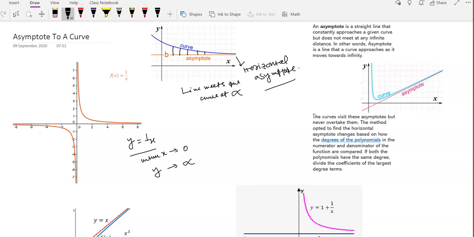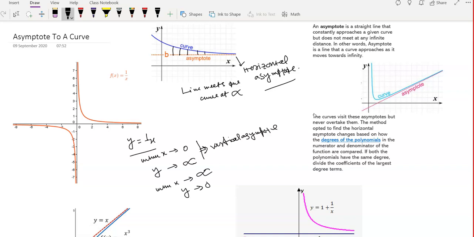Similarly, when y is tending to 0, x is tending to infinity, or better to say, when x is tending to infinity, y is tending to 0. So you see both kinds of asymptote exist. When x tends to 0, y tends to infinity, this implies there is a vertical asymptote. What is the vertical asymptote?